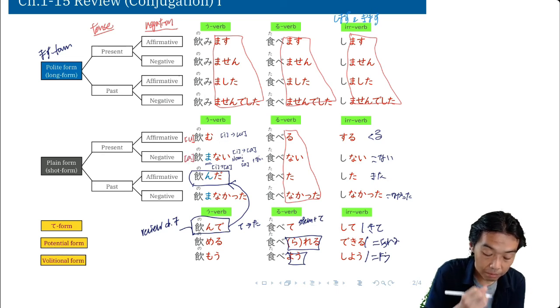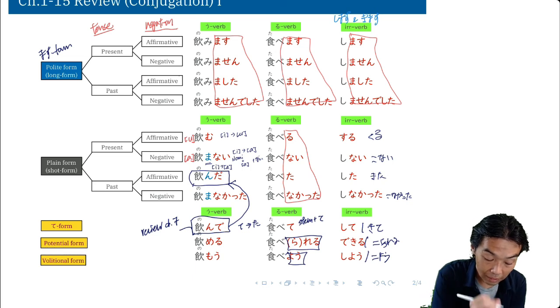And then we just continue doing it. What's happening with potential form is E sound, and volitional form is O sound.